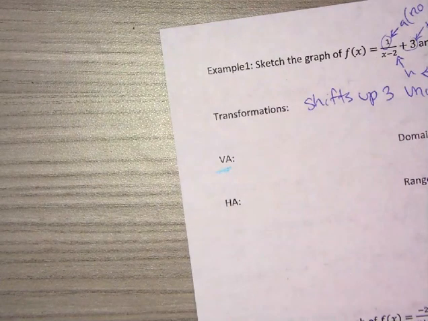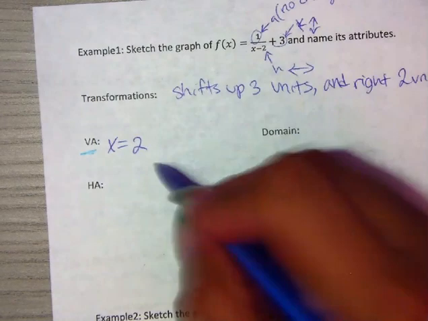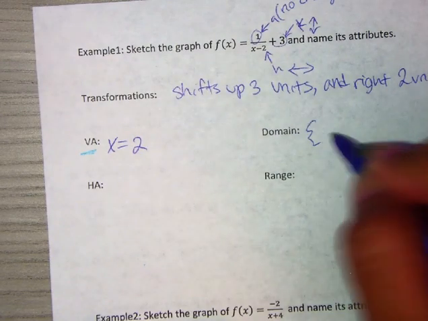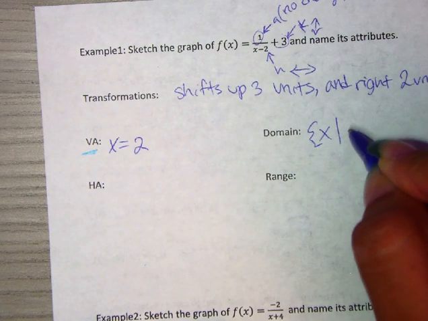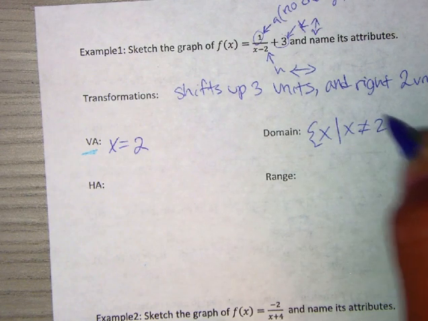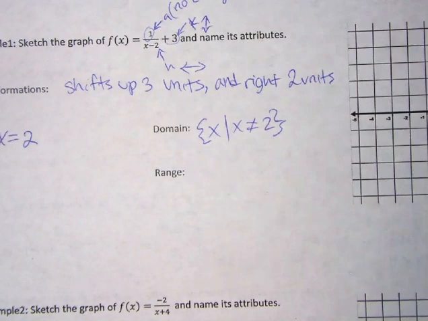So the vertical asymptote is going to be x equals 2, because it shifted 2 units to the right, which means your domain now has a restriction: all x values such that x cannot equal 2. So all x values except when x equals 2.